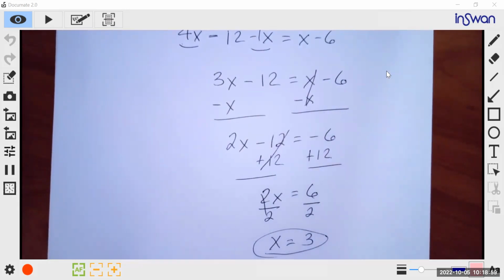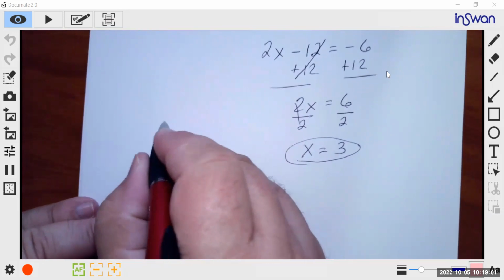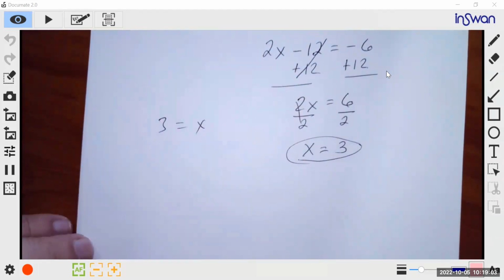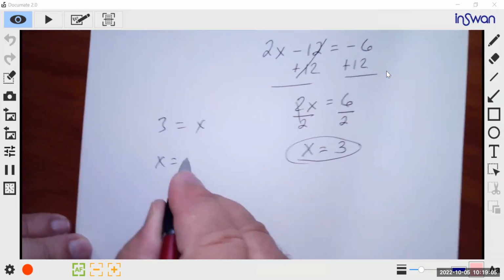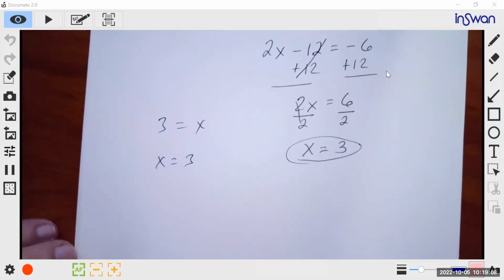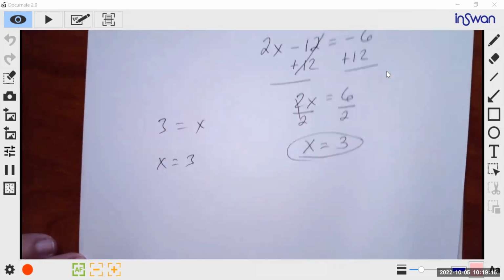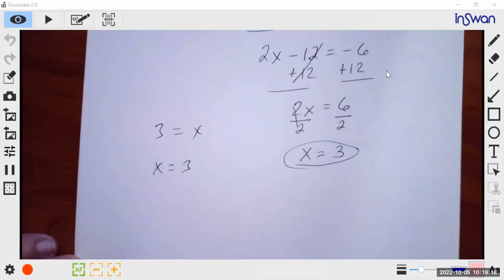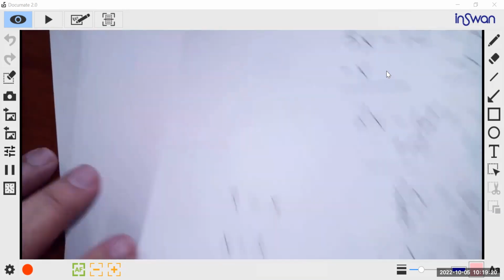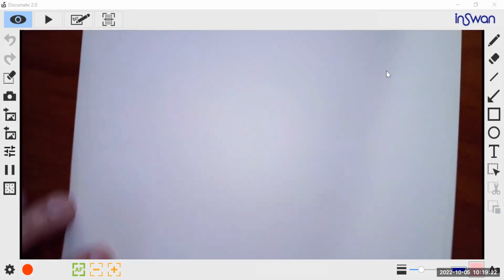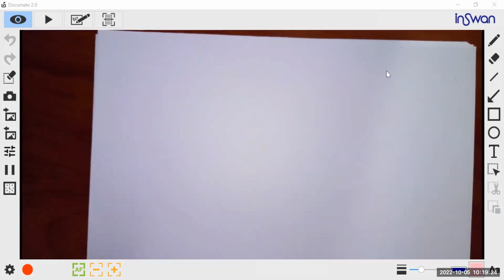It doesn't matter where it is, because if the x is on the right hand side, you could just flip it and at the end put it on the left. That's why you follow the rules of math. You can't do it unless it's a rule of math. Okay, we'll do one more.